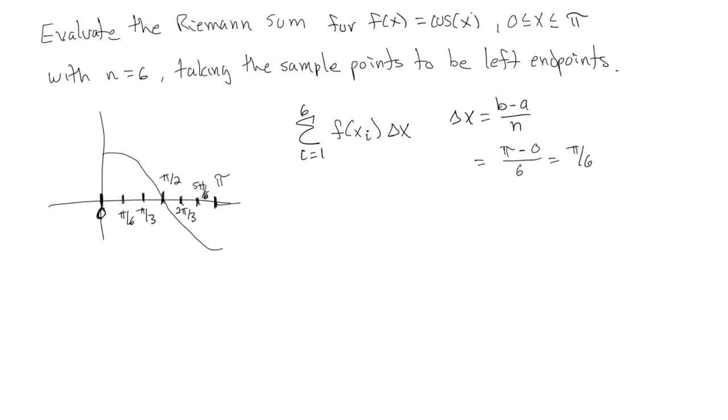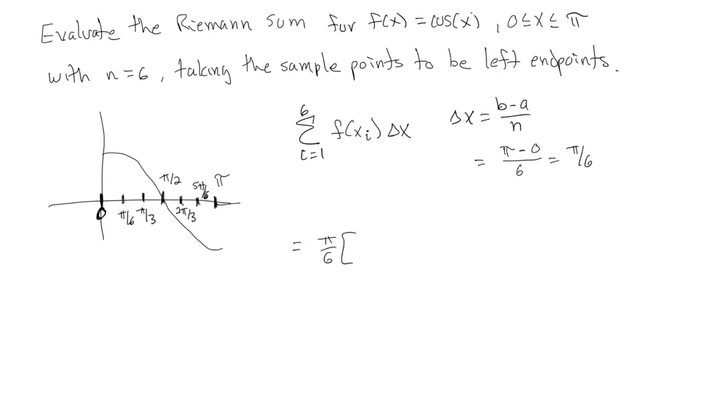So if I'm using left-hand endpoints, I'm starting at 0. So my Riemann sum is going to be, I'm going to factor my delta x out, like we've seen in the prior video, delta x is a common factor of pi over 6. So I'm going to take out the pi over 6.